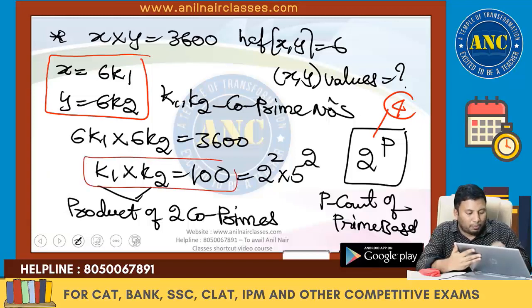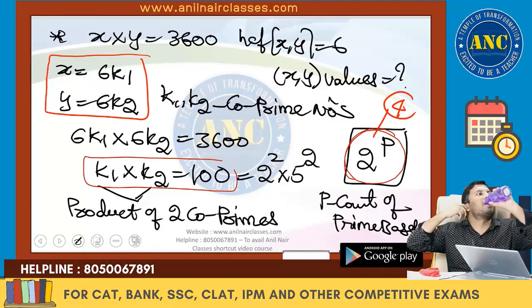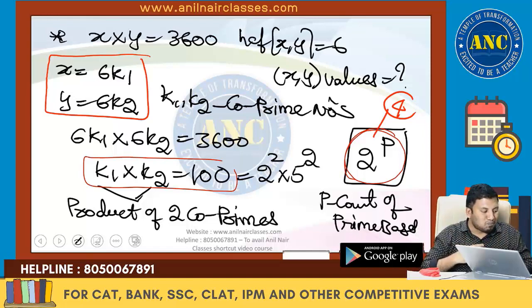Product of two co-primes is given by 2 power p, where p is the count of the prime bases. I hope it is clear. Sum of two co-primes, product of two co-primes.